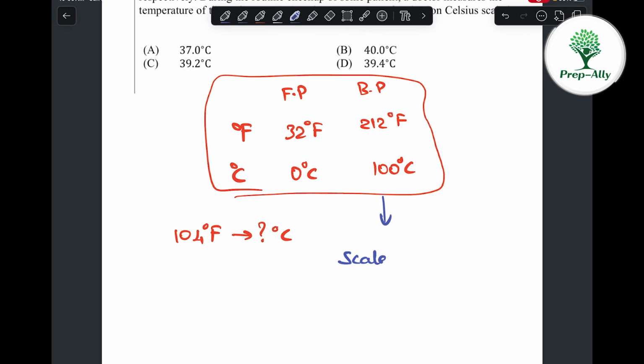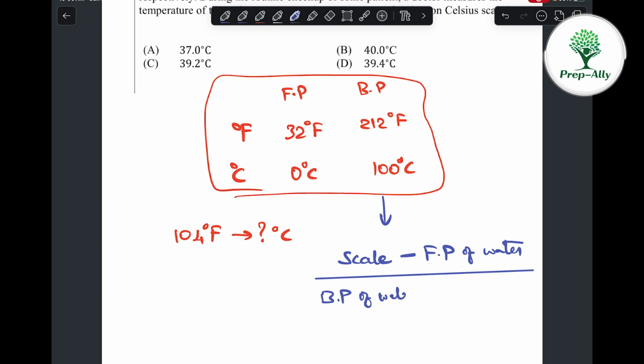So it should be the scale reading minus the freezing point of water in that scale, divided by the BP of water, which is nothing but the boiling point of water, minus the freezing point of water again.